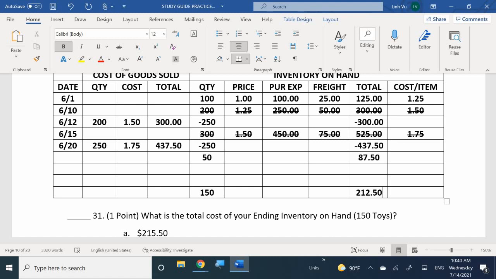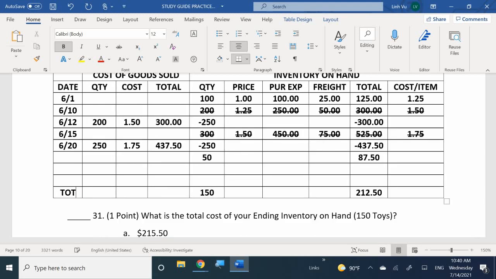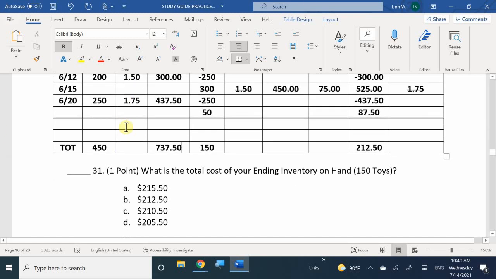And then here, let's also calculate the total cost of goods sold. So 200 plus 250 gives you 450. 300 plus 437.50 gives you 737.50. Okay. So let's check out the questions.